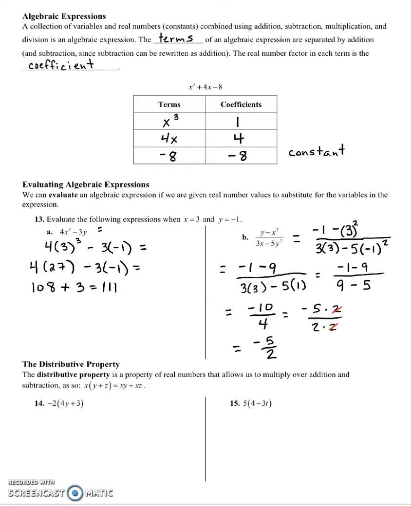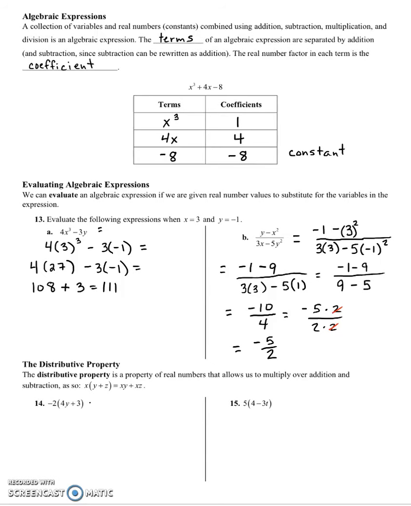So if we have variables, x times the quantity y plus z equals xy plus xz. So we make sure we multiply the thing on the outside by each of the terms inside the parentheses.